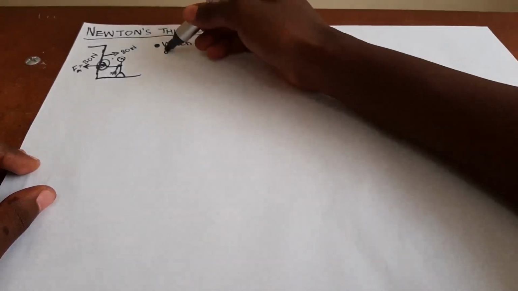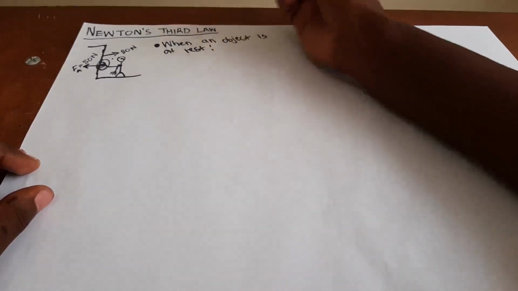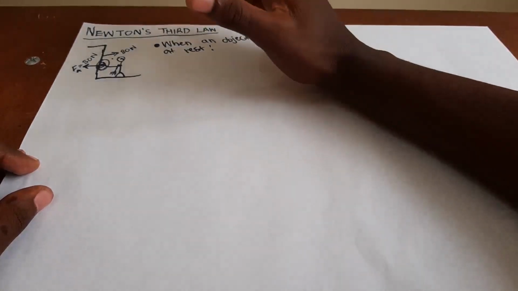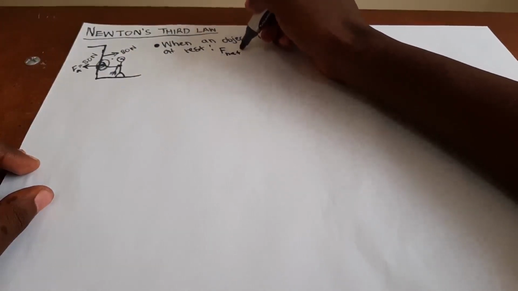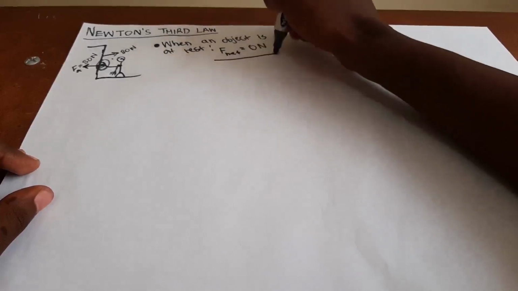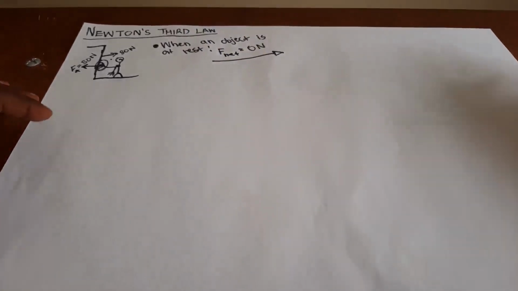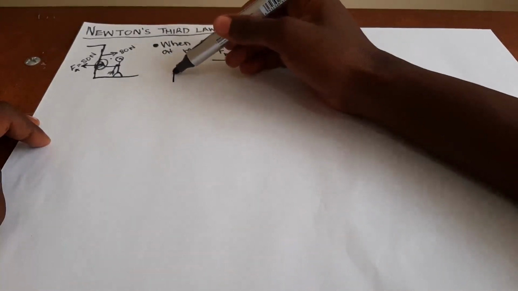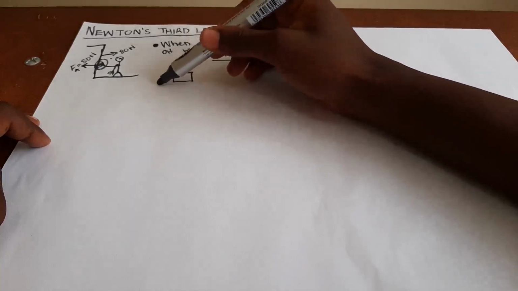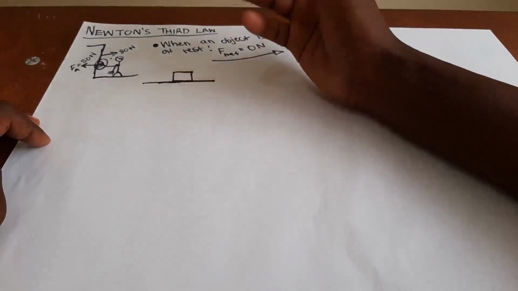is at rest, this basically means that the object is experiencing no net force, meaning that the net force is equal to 0 newtons. This is very important, guys. For example, let me start with an object on a horizontal surface.